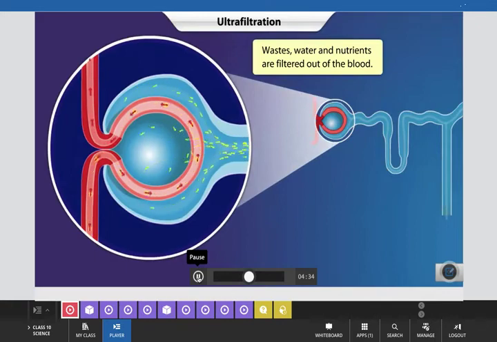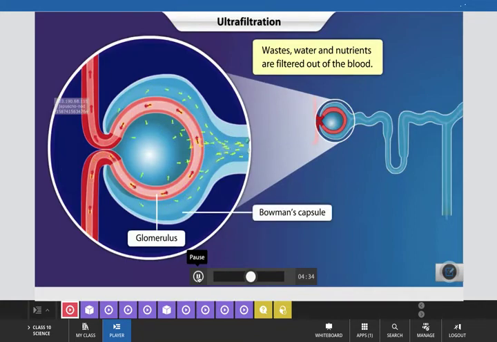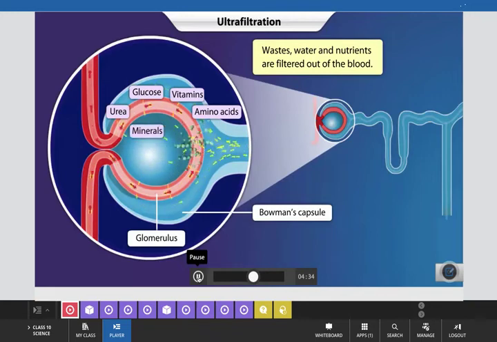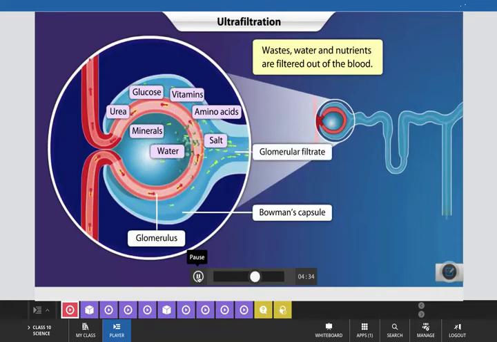Blood flows under high pressure from the renal artery to enter the glomerulus, where it is filtered into the Bowman's capsule. During this stage called ultrafiltration, urea, glucose, amino acids, vitamins, minerals, water, and salt are filtered from the blood to form the glomerular filtrate.